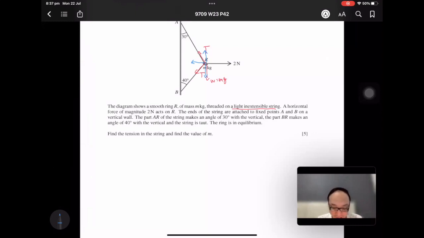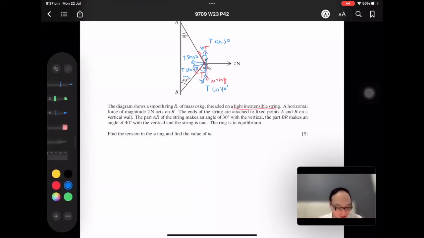If we have 30 degree here, this will be T cos 30 and here will be T sine 30. As well as here 40 degree, so here will be T cos 40, and here will be T sine 40.